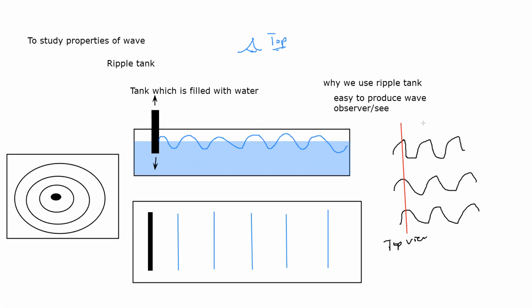Then the second crest of the first wave, second crest of the second wave, and second crest of the third wave, that is also called a wave front. Then the third crest of the first wave, third crest of the second wave, third crest of the third wave. When I join them, I will call that a wave front.